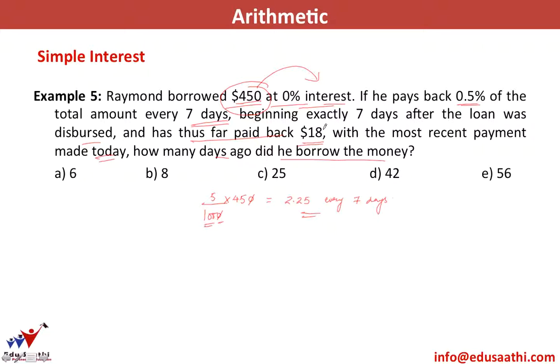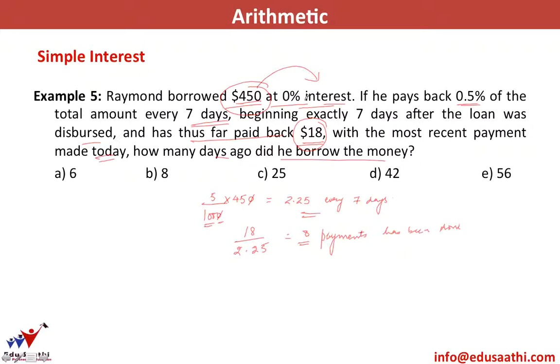And if I just look at it, he has paid 18 till now. So 18 divided by 2.25 would give me an answer of 8. That means 8 payments he has done.